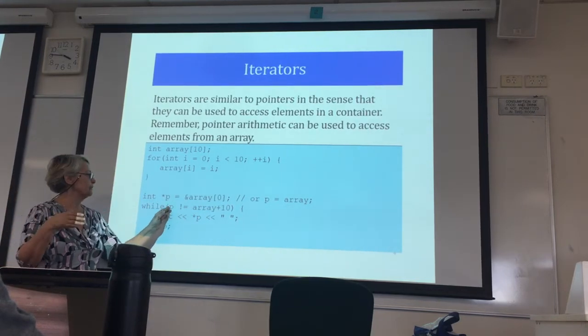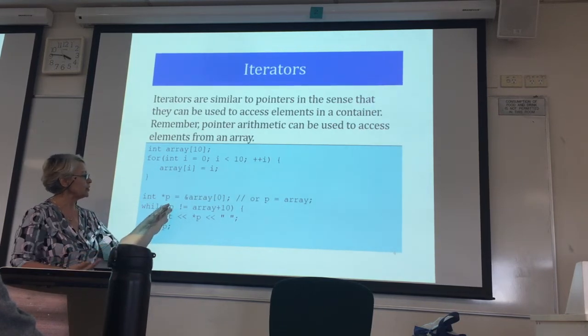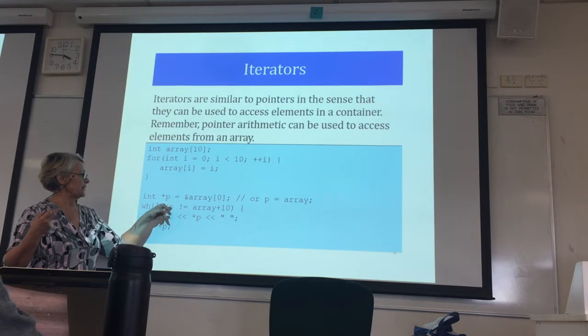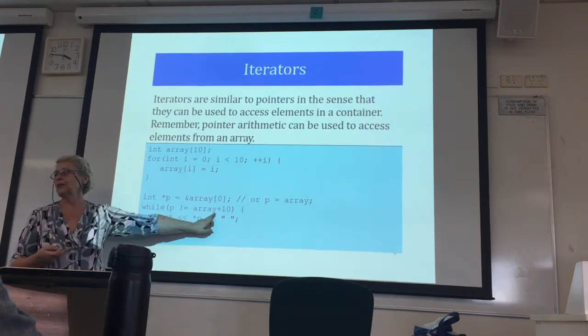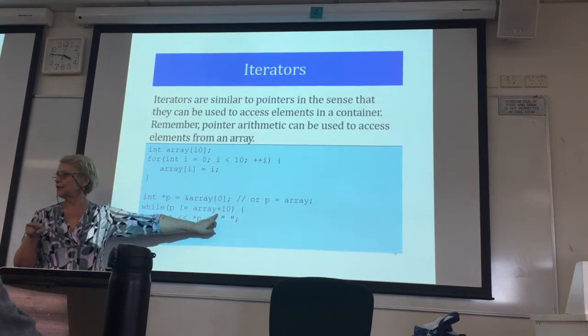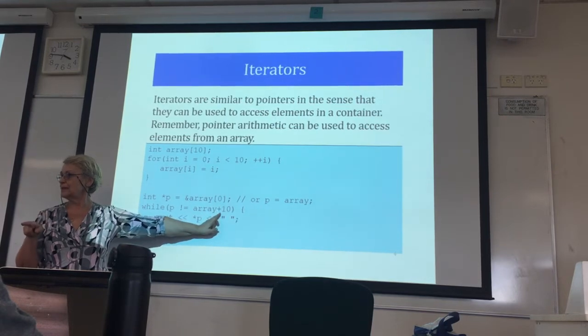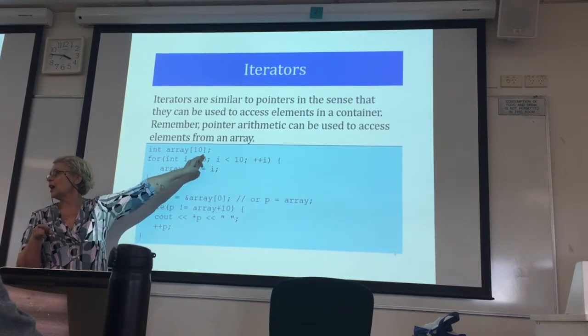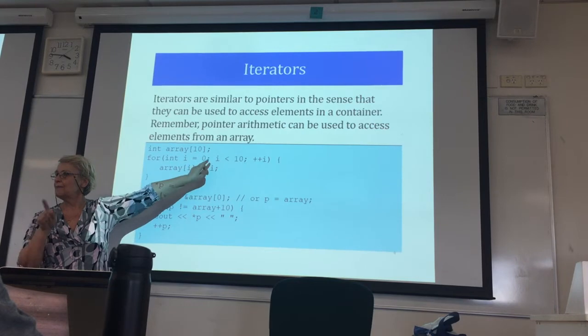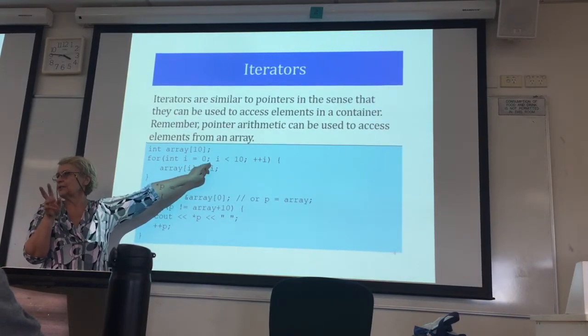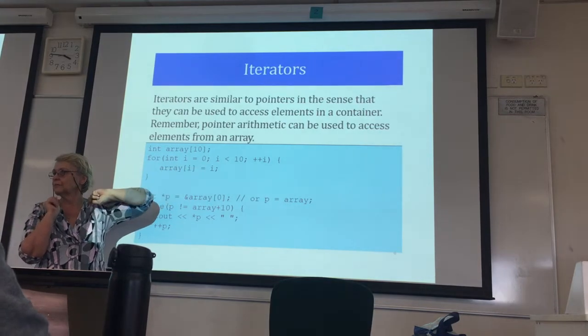with various tests, but the test which is relevant for our discussion is we look that the pointer has reached past the end of the array. Array plus 10 is past the last significant element of the array. The last significant element of the array is array 9, correct?